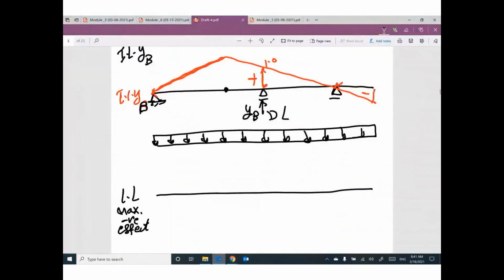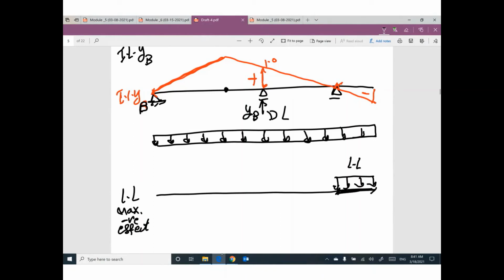Thank you, Ben. Yes, I will put only live load here. If we assume this live load, which is distributed as people, pedestrians on the bridge, to find the maximum negative effect, I will ask the people to move to this side of the bridge only.